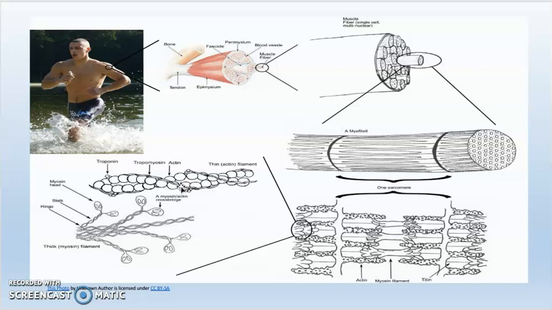Calcium ions bind with troponin C. When calcium ions are released from the sarcoplasmic reticulum, they bind with the troponin C molecules, which are, as you see, dispersed throughout the tropomyosin protein, and they alter the structure of tropomyosin, forcing it to reveal the cross-bridge binding site on the actin.